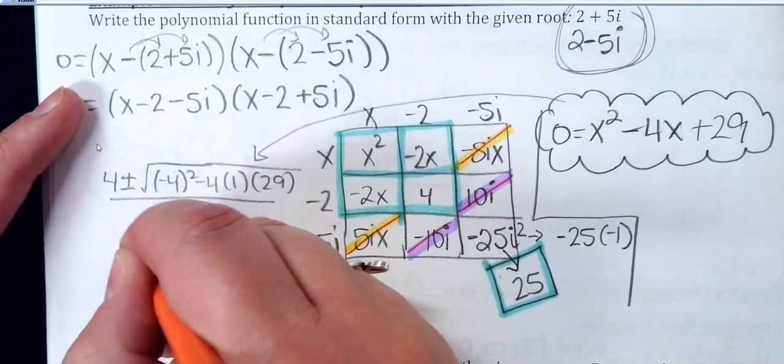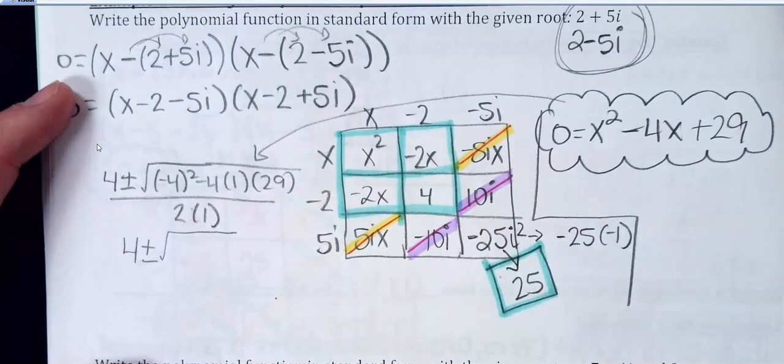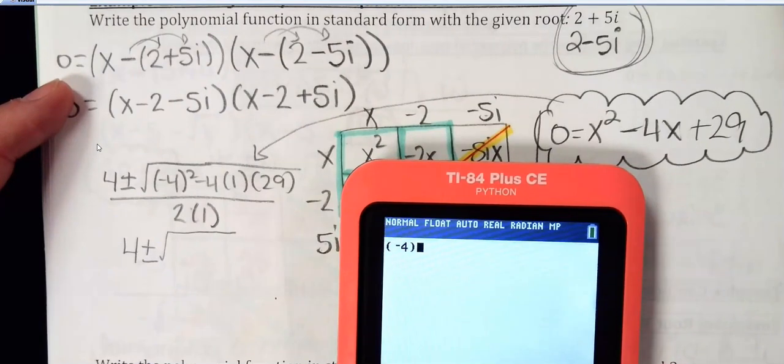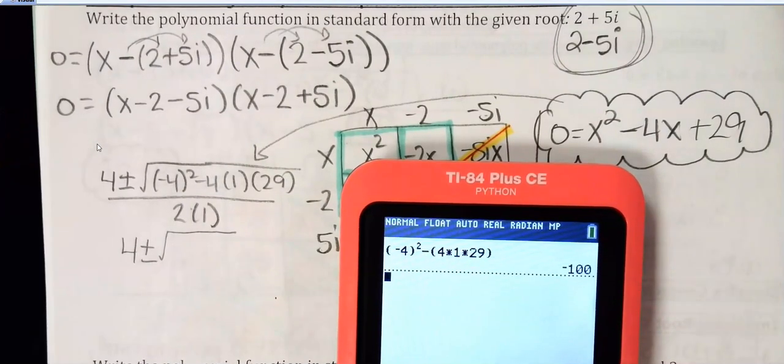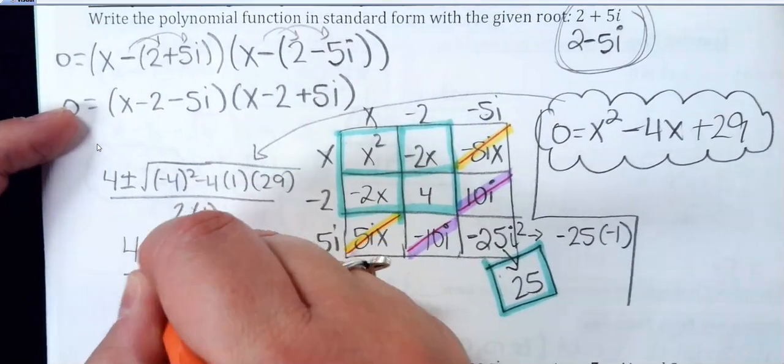This is 4 plus or minus. Okay, now I'm just going to grab my calculator, and it's going to be negative because I had i's, but I'm going to do negative 4 squared minus 4 times 1, which I don't really need to do, but I'm going to, times 29. Okay, nice. This is negative 100, which is the perfect square in imaginary land.